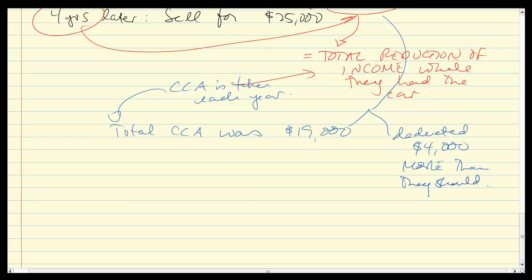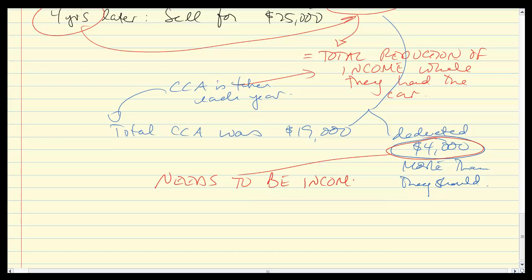Okay? And so this $4,000 needs to be brought back into income. Why? Because the total deductions have been 19.